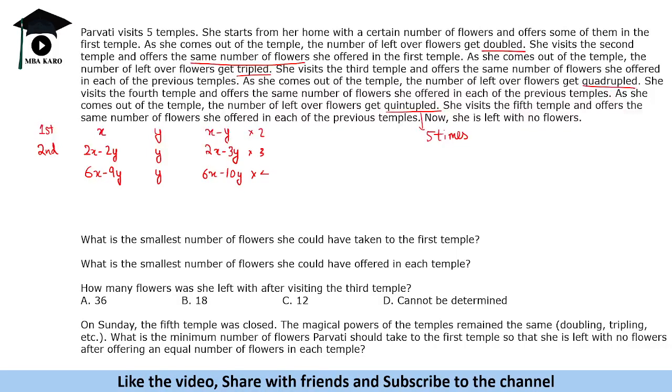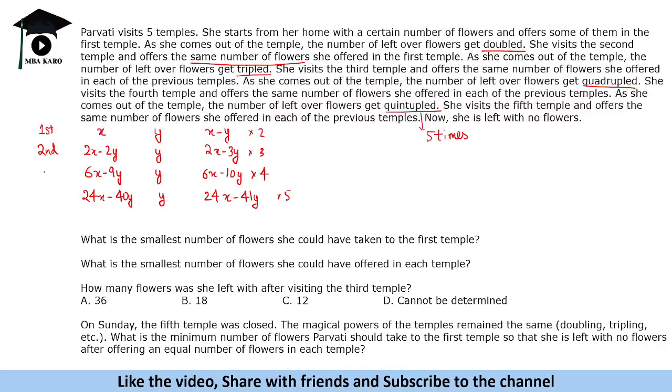Now this flower becomes 4 times, right? So that will be 24x minus 40y. She offers y flowers, so now she is left with 24x minus 41y.